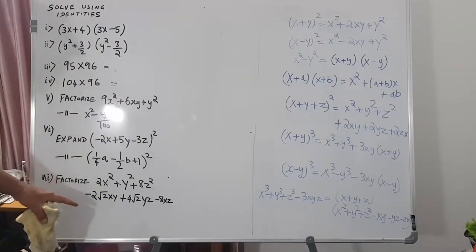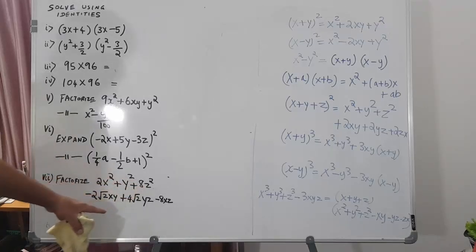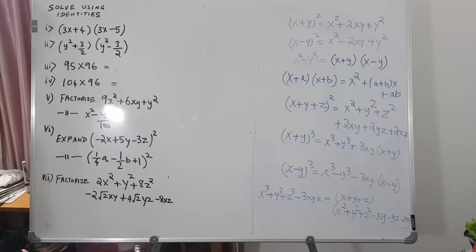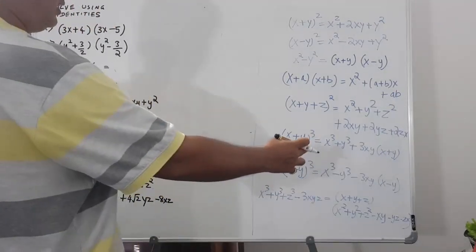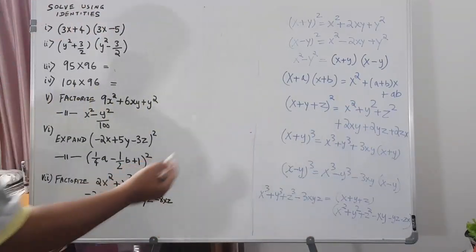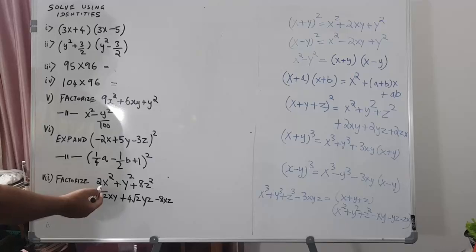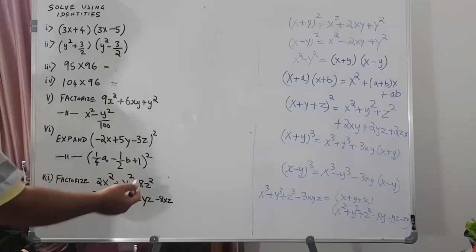Factorize this, factorize 2x squared plus y squared minus 8z squared and the other terms. You will see that this is in the form of this identity. We have x squared, in place of x squared we have 2x squared. Okay, so we have to modify that to fit that, and we have y squared, and in place of z we have 8z squared.